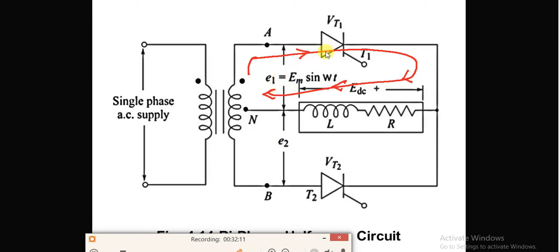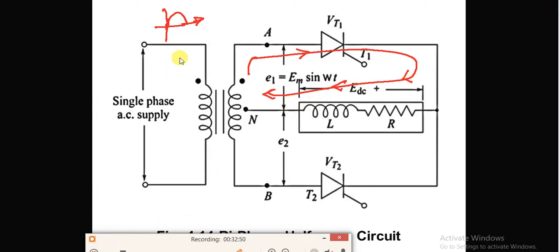So this is the direction of current flow from this left hand side to right hand side. And through the inductive load, the current is flowing from right hand side to left hand side. So this is the direction of current flow during the positive half cycle: through the SCR it is from left to right, and through the inductor it is from right to left. This is important. The direction of current flow through the load during the positive half cycle is from right to left.